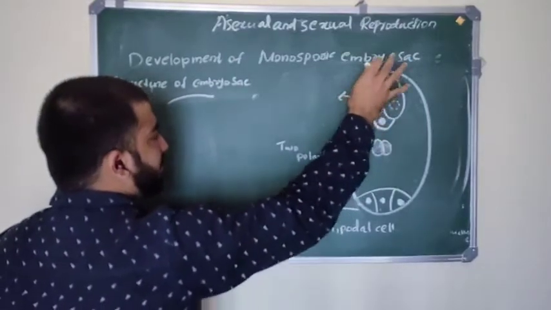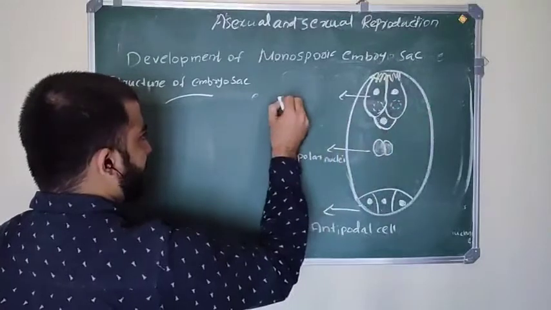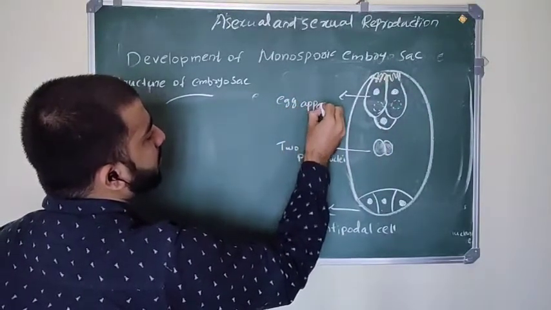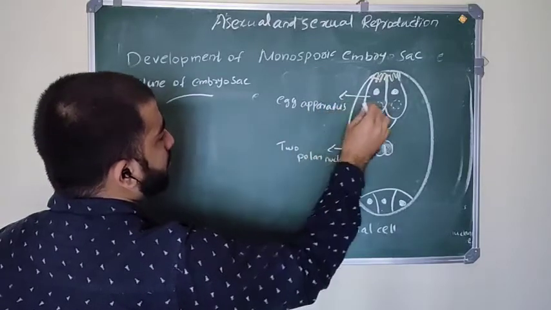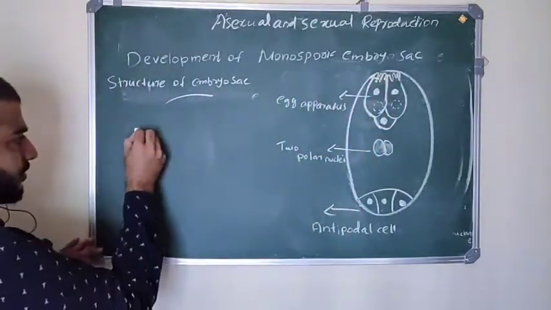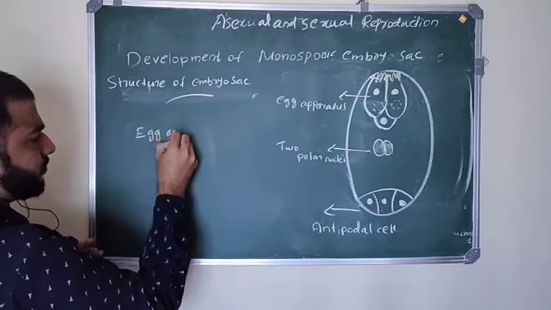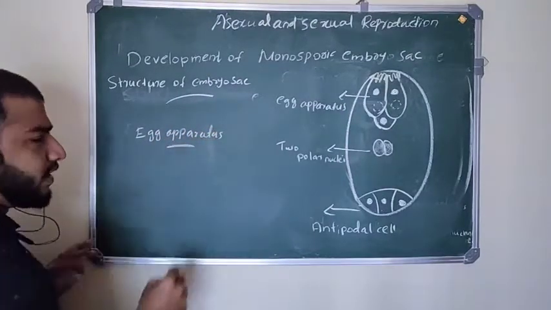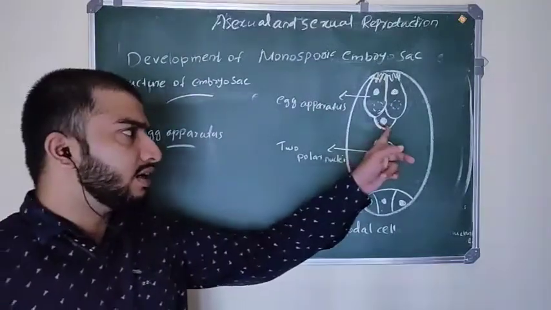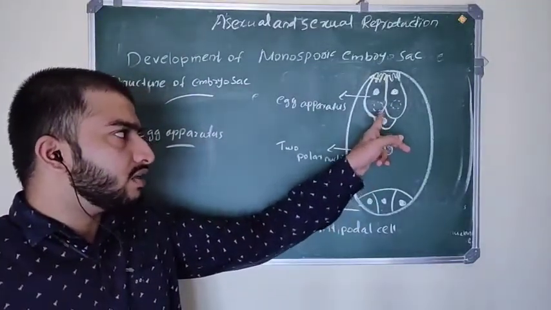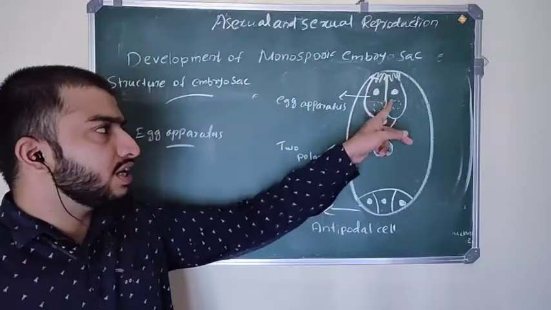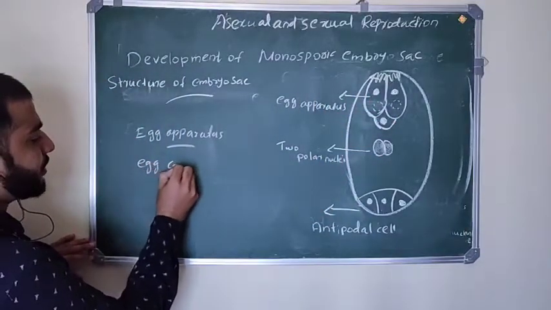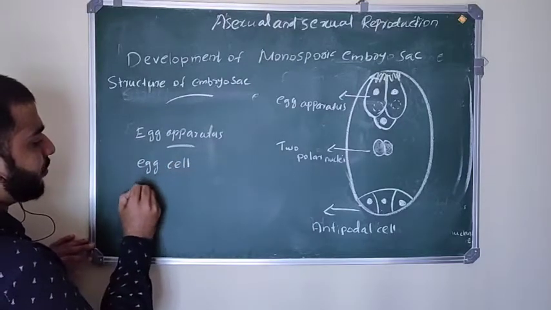Then at the micropylar end, the egg apparatus is present. This egg apparatus consists of a central egg cell, and on each side of the central egg cell, synergids are present. So an egg cell, which means female gamete, and two synergids.